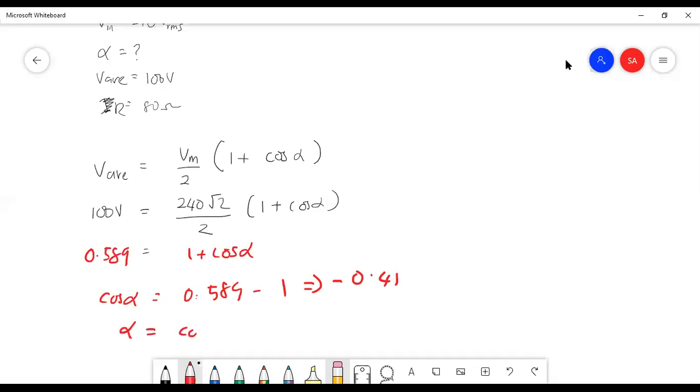So alpha is inverse cos of negative 0.41, which gives you the value of 114.25 degrees.